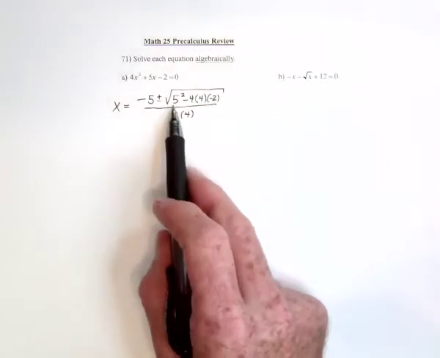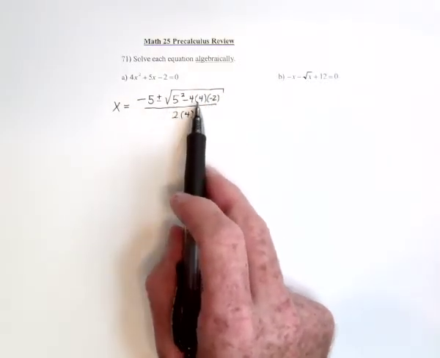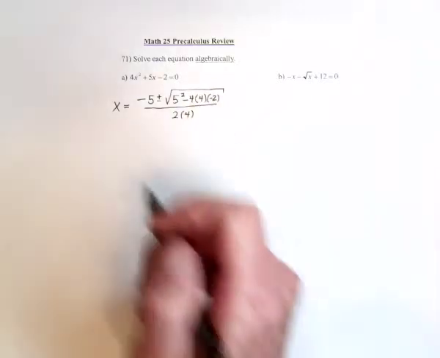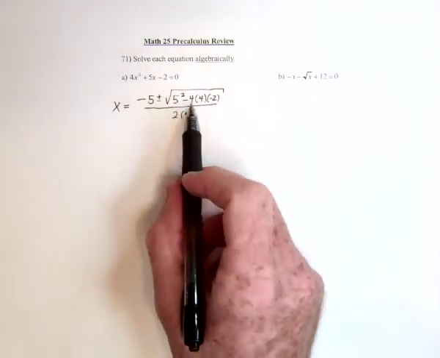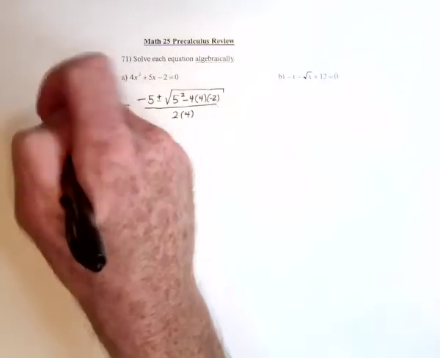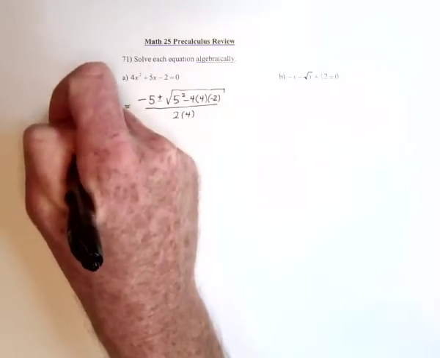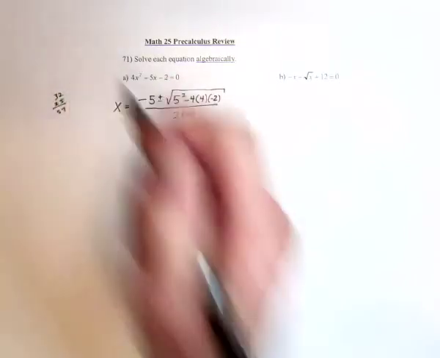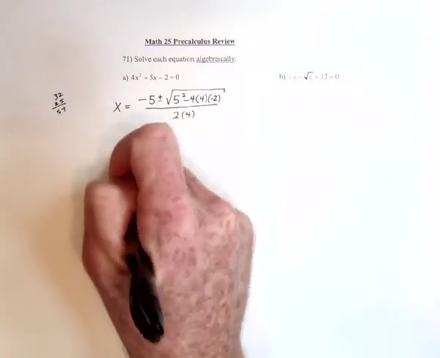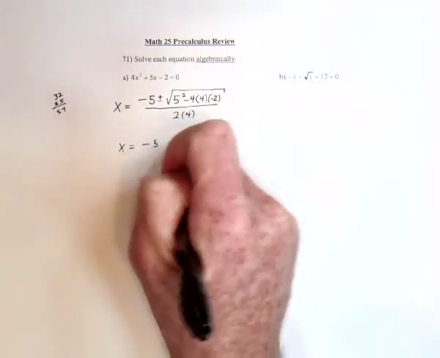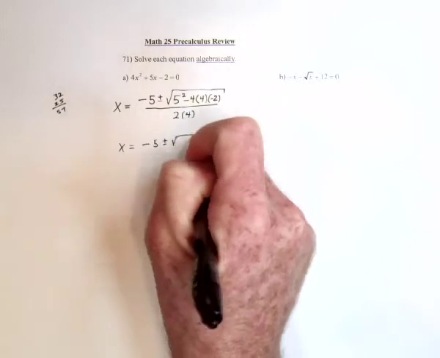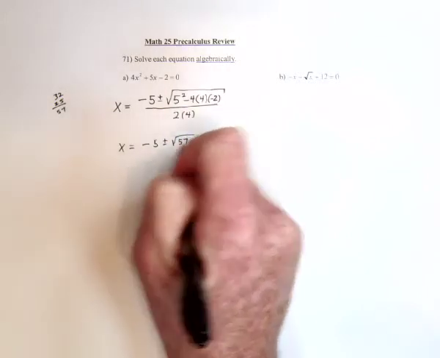So we've got a 25 and a 32. 16 times 2 is 32, and 25, that's going to be 57. So x is negative 5 plus or minus the square root of 57 divided by 8.